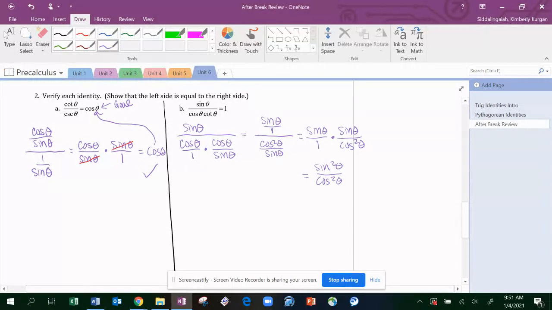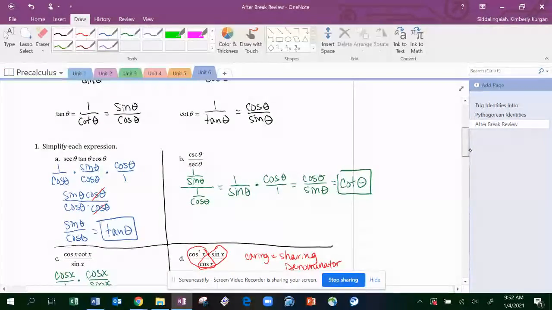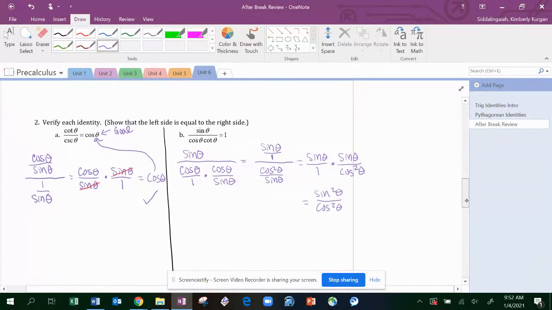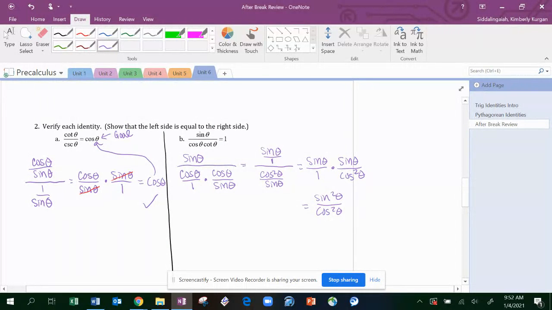So I'm wondering, do I have a typo in the problem, or did I do something wrong? Let me just take a look. So sine, cosine, cotangent. Let's just verify. What was cotangent again? Cosine over sine. Okay, multiplied across. Sine theta. Yeah, I think this one is wrong. I think this one should actually be a tangent squared theta, because this equals tangent squared theta.